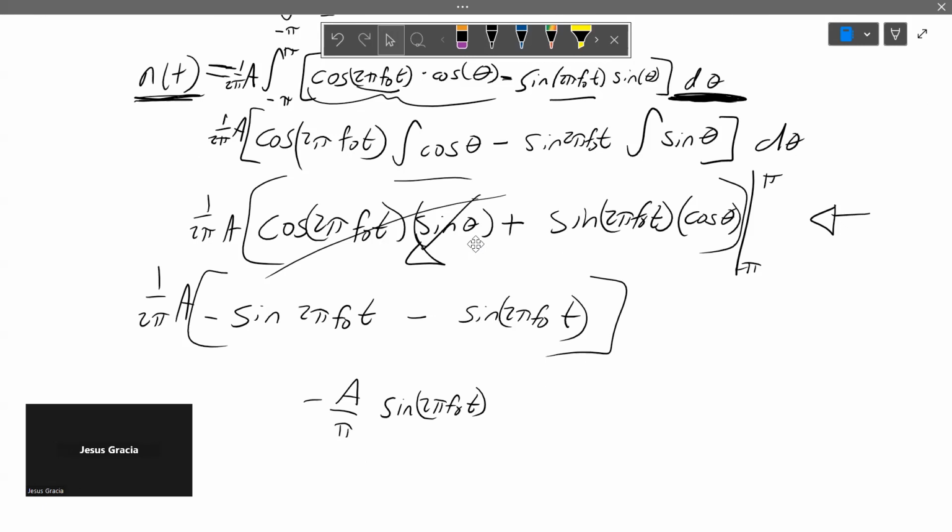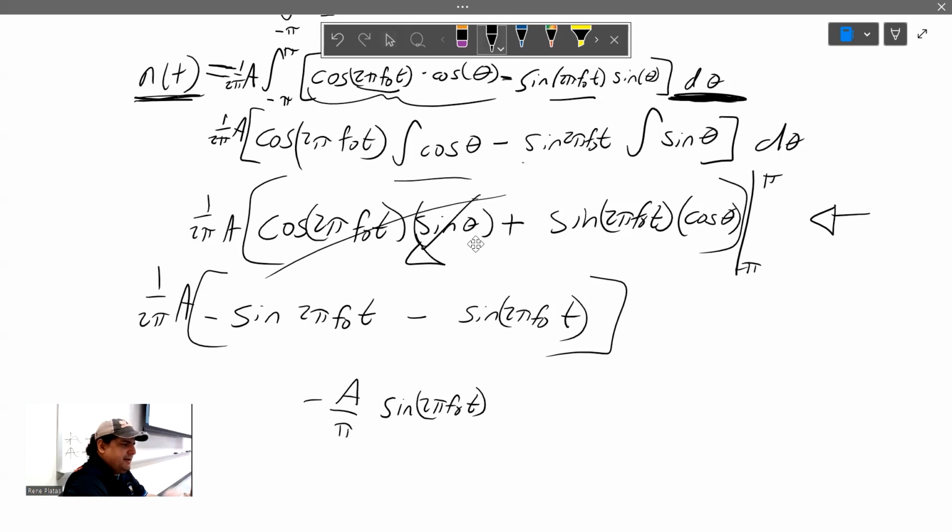Sun does some weird stuff, because looking at it from here, I just have basically what you have there, equals -1 minus parentheses -1, which equals 0. I think what Sun did is he left the cosine theta by itself with the integration. Because the sine 2 pi f naught t is technically another constant, so we can take that out too.